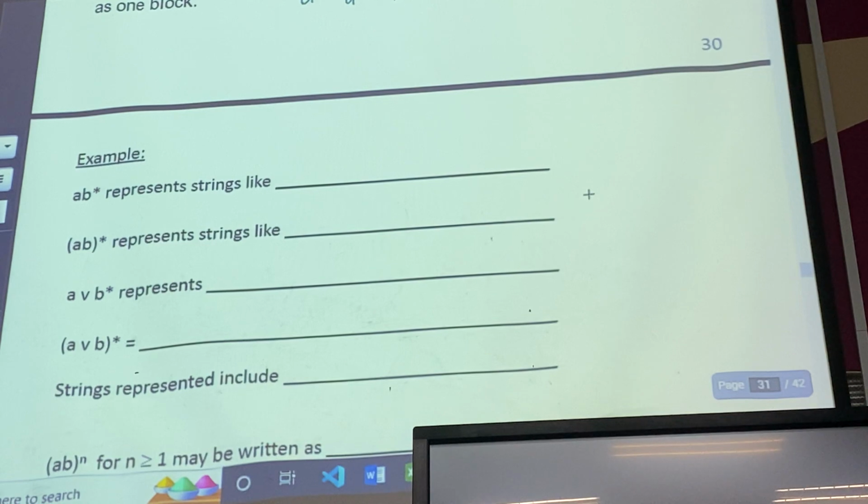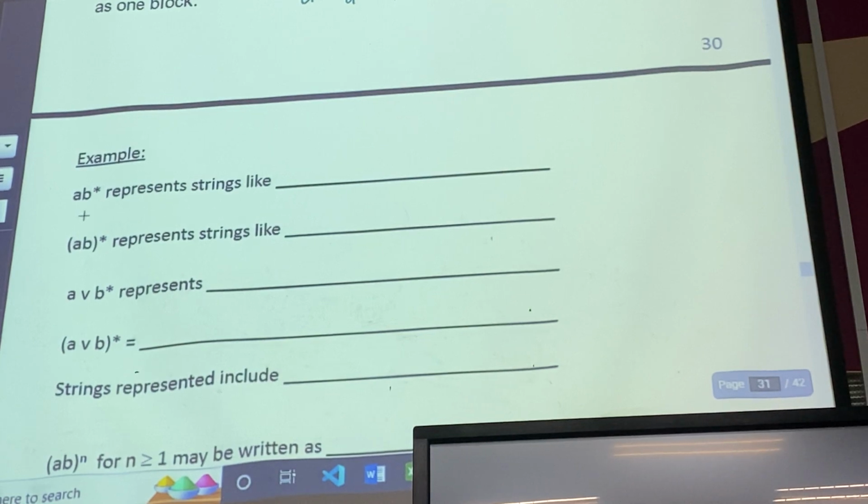So look at this example. AB asterisk as a string. What are the possible strings we can have if we have AB asterisk as a string? Can you give me some of the strings?